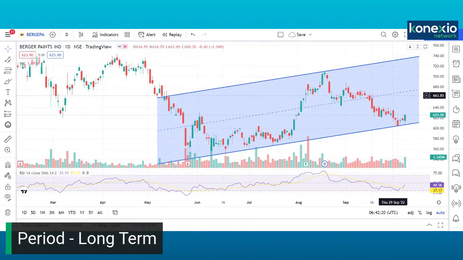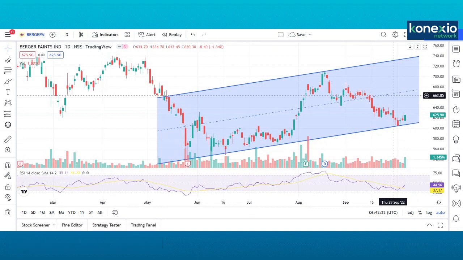Even for swing traders, the stock has potential to test the levels of 665 in the next maybe 2 or 3 months. So definitely long-term investors can accumulate the stock on dips to 615 for an upside target of 710 to 715 for the long term.